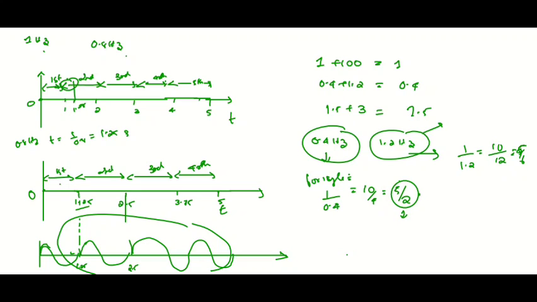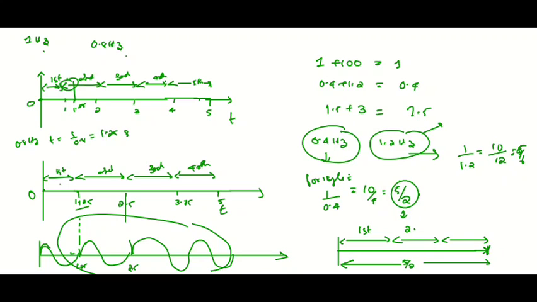So if I plot it, it will look like this. When 5 by 2 has 1 cycle, 5 by 6 has 3 cycles in it. Got it?